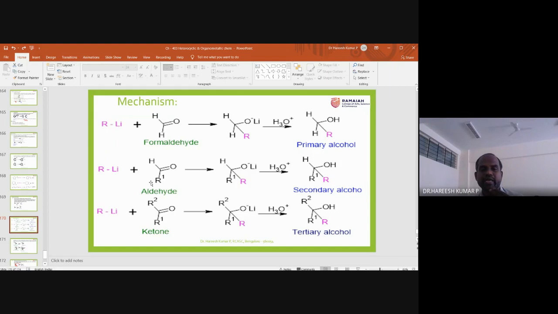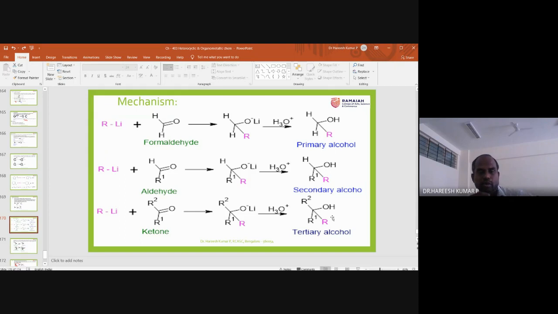Similarly, an aldehyde, in the sense other than formaldehyde, when it reacts with an organolithium, gives a secondary alcohol. Similarly, a ketone, when it reacts with organolithium, gives a tertiary alcohol.